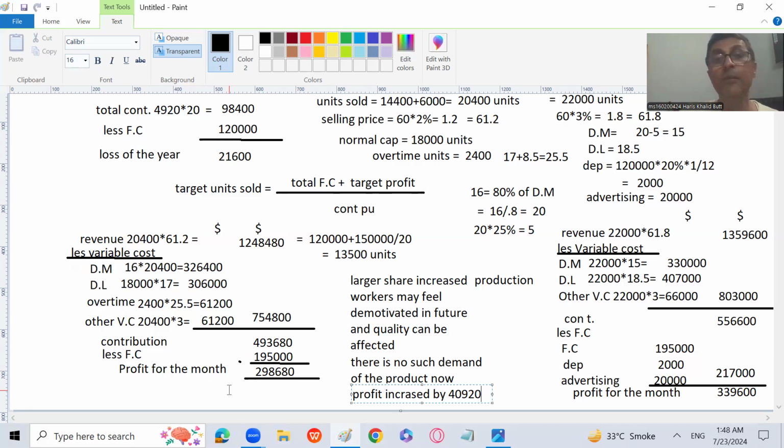Then you have to see the employees. I've already discussed that they may feel demotivated because their workload will increase and they have to work overtime. But in option 2, we are not going for any kind of overtime. Then the direction of the competitor, already done, that they have lost. So you have to see that if the competitor is not going to produce that product, why is it so? Maybe the demand in the future is going to decrease. Maybe people are not willing to take up that product.